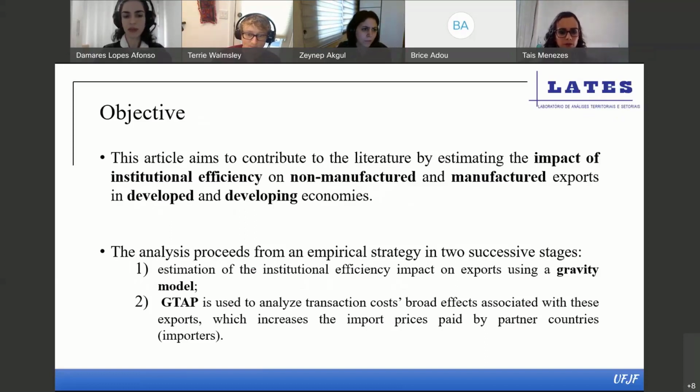First, we estimate the institutional efficiency impact on exports using a gravity model. Second, we use the GTAP model to analyze the transaction costs effects associated with these exports, which, in our analysis, increase the import price paid by partner countries' importers using the AMS variable.